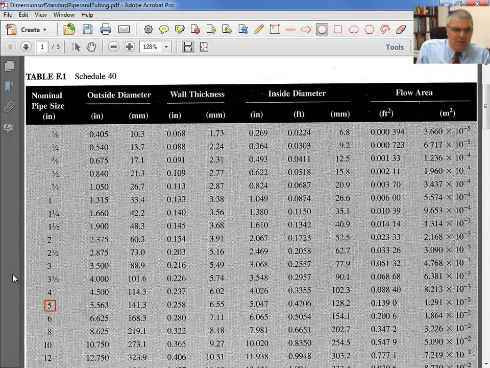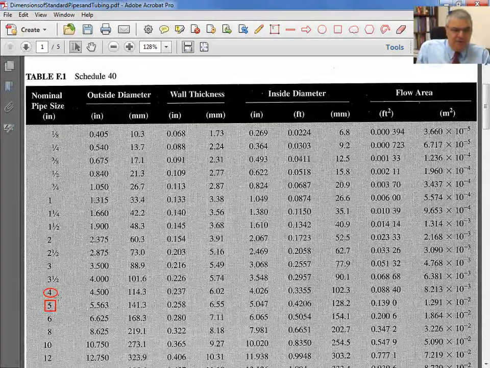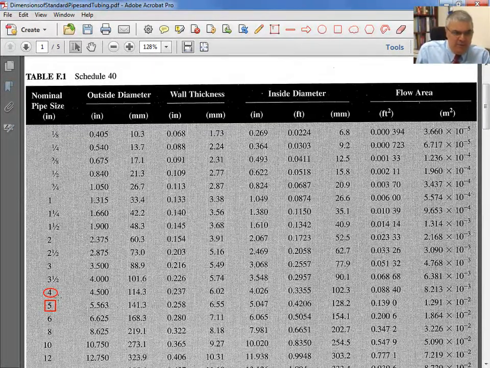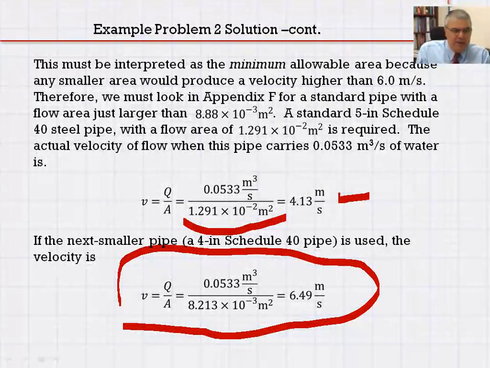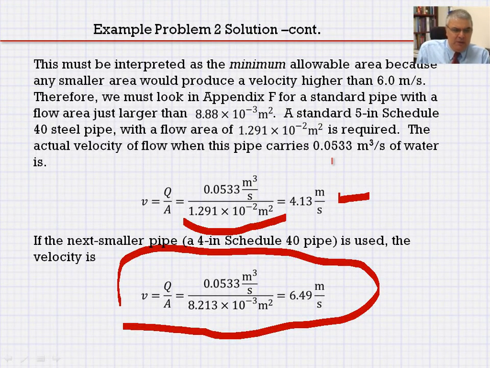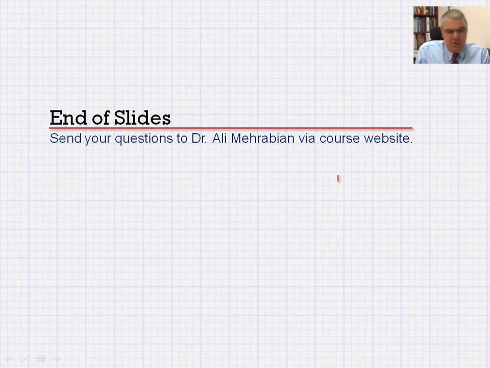One of them I marked with a circle here as 4. Our flow area falls between these two areas, and we need to calculate both of those. We realize that this is too high, and we would go with the 4.13 meters per second as such. So this brings me to the end of the slides.